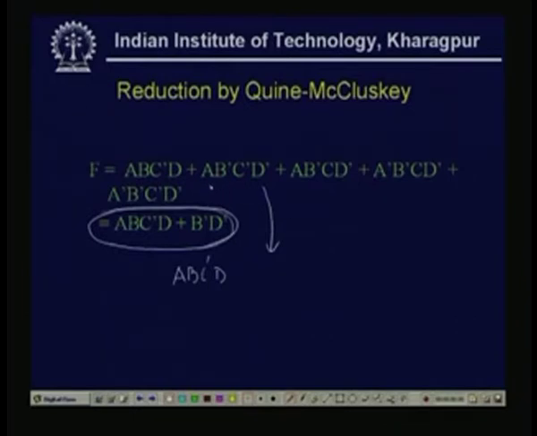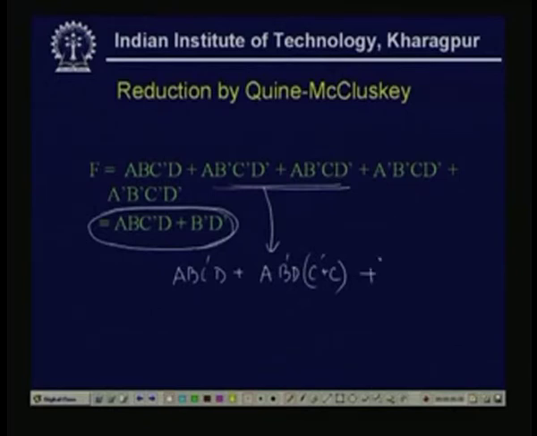For these two, b' c' d' and b' c d', a b' d' is common, so I can take c' plus c.